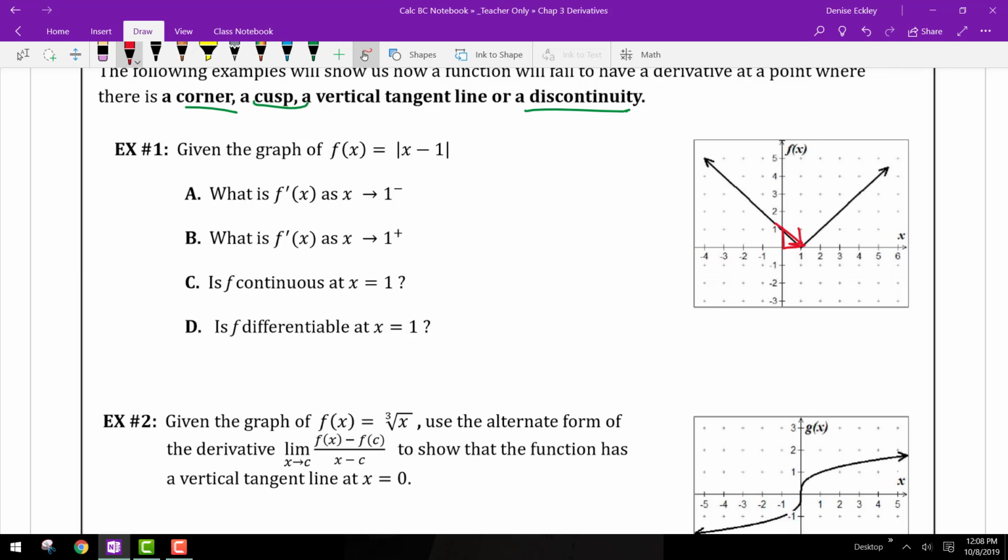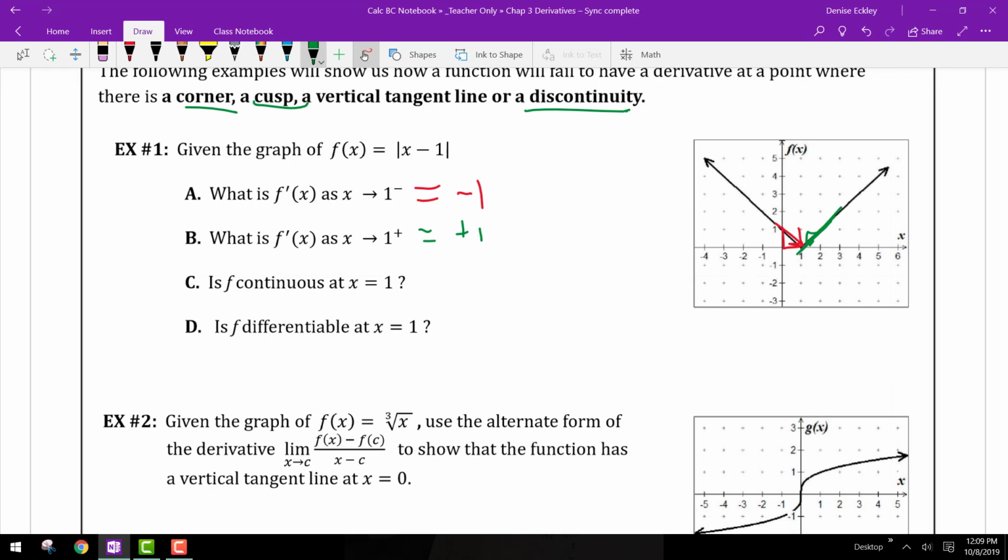So I'm going down 1 and over 1, so I get negative 1. But as I approach from the right-hand side, as I draw that tangent line from the right-hand side, what I see is now I'm going up 1 over 1, so I have positive 1.